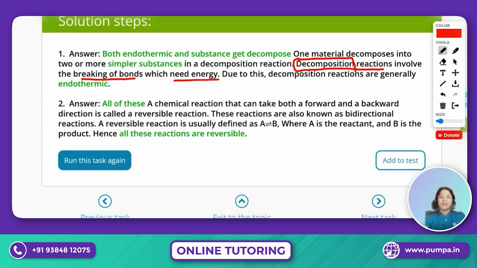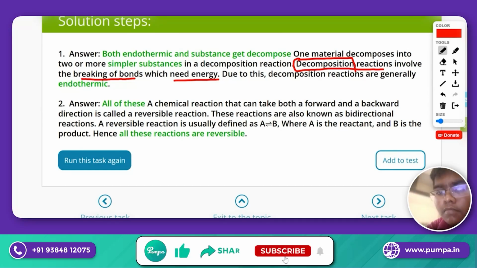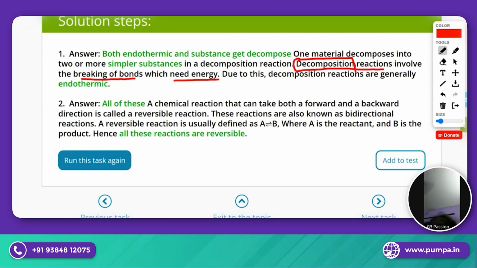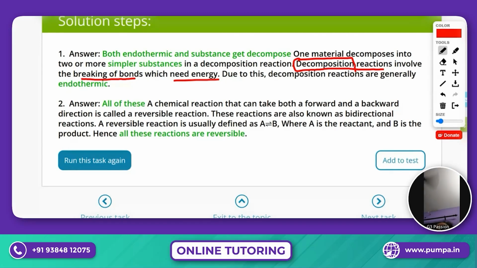Have you heard the word decomposition before? Mixing of something, I think. Ma'am, your vegetable peels will be buried in the soil and disappear after some time, or change into another form, like it combines with the soil.